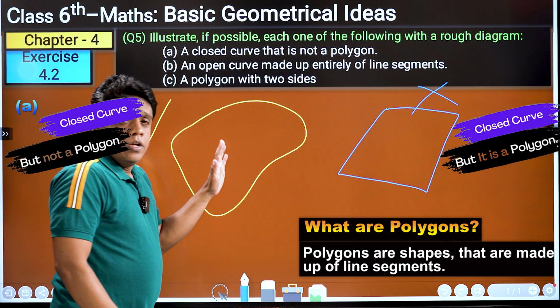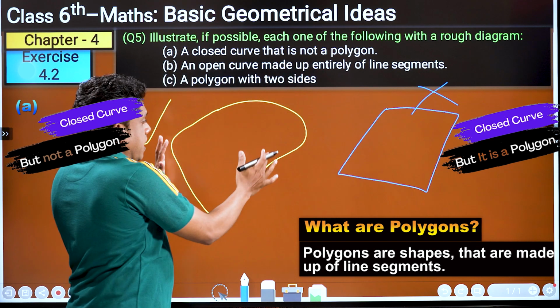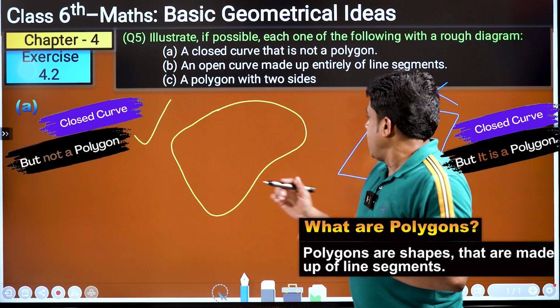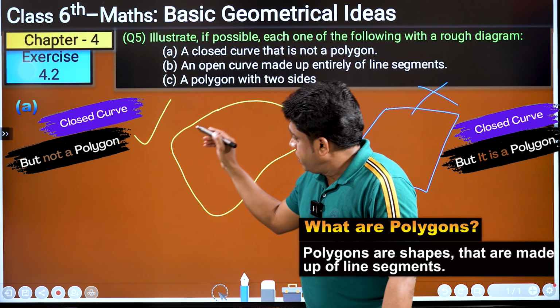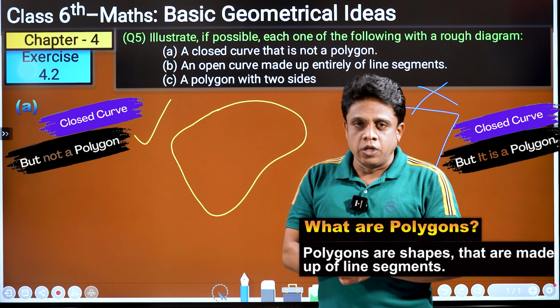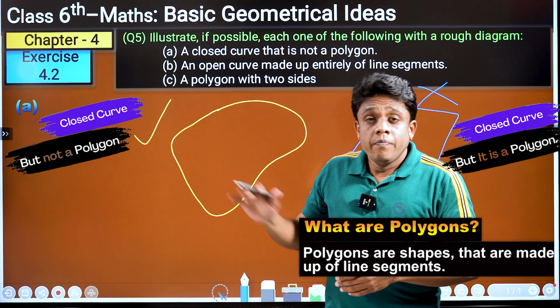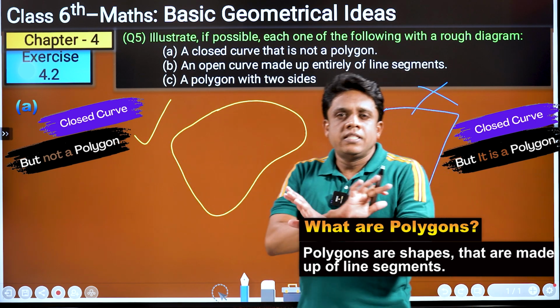But this one is also a closed curve, and it is not a polygon, because we have not used any line segments. So this is the answer for the first statement. It is a closed curve, but it is not a polygon.